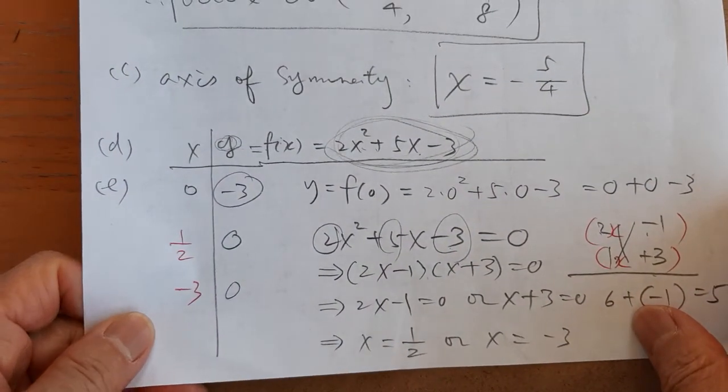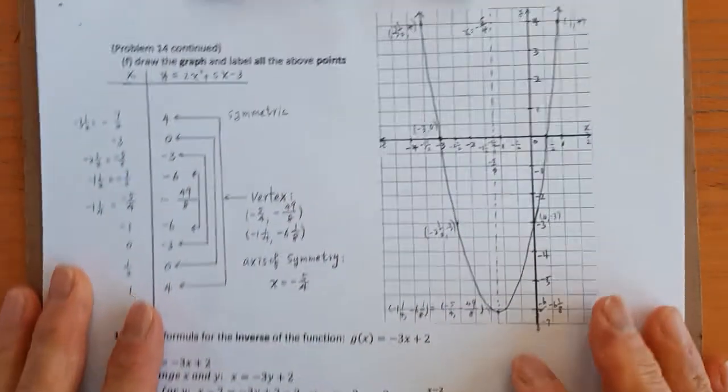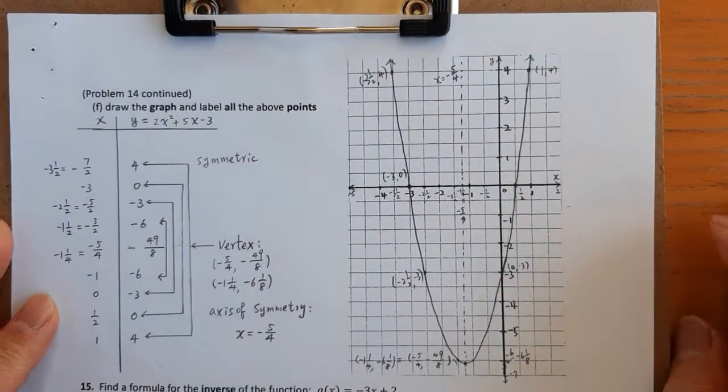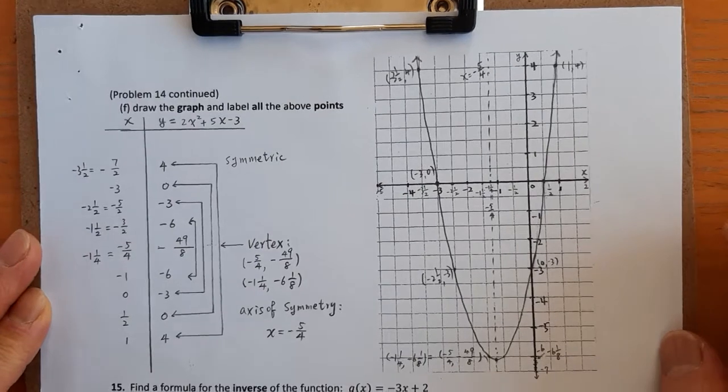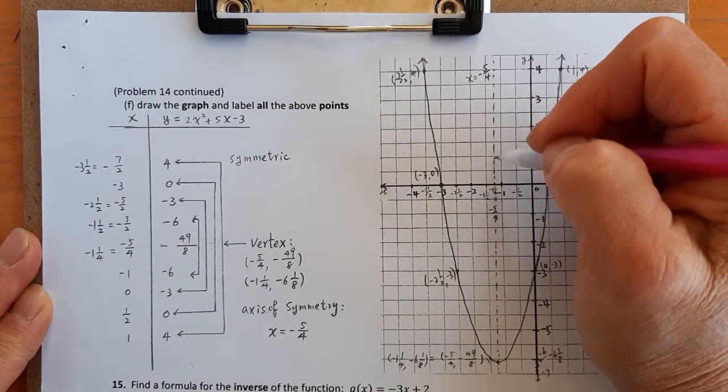Now we go to draw the graph. First of all, we draw the axis of symmetry.